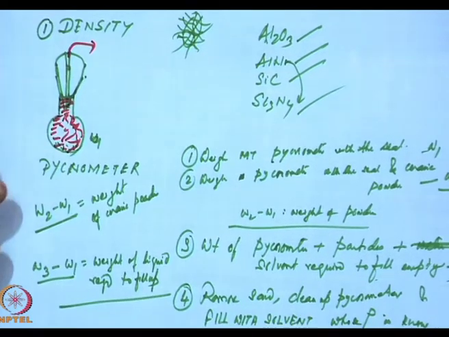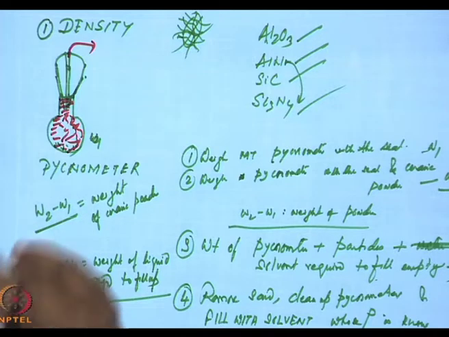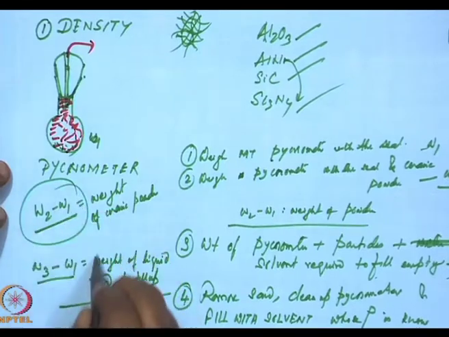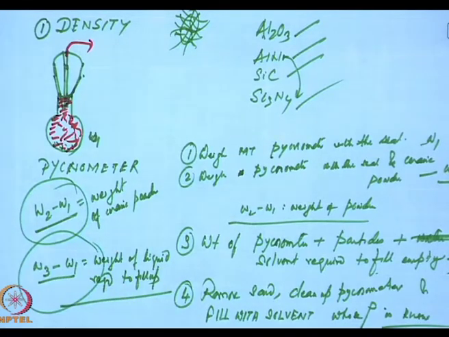So, using the Archimedes principle, which I am going to leave to you because you have studied it in class 9, 10, 11, you can use this data to find out the density of these ceramic powders.